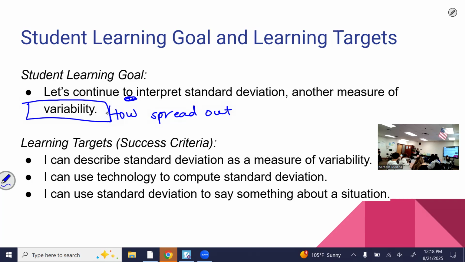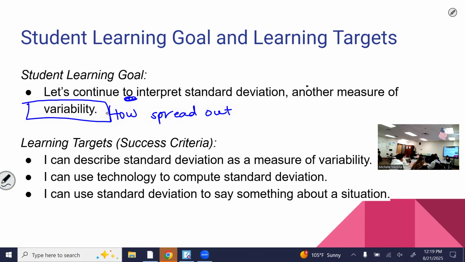The more spread out, the higher the standard deviation. What's the lowest standard deviation you could have? 0. Can't have a negative standard deviation. So the lowest you can have is 0, and that would be not spread out at all. That would be like all your data is the same number.